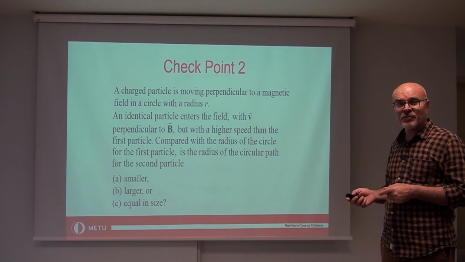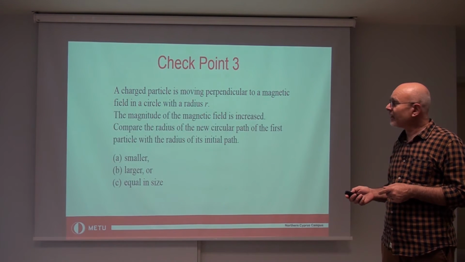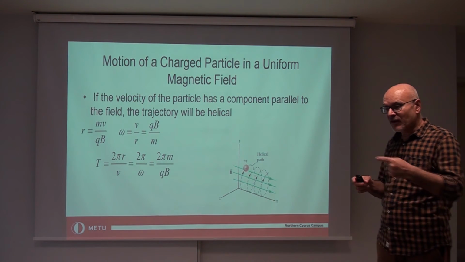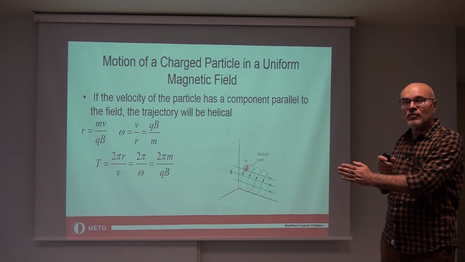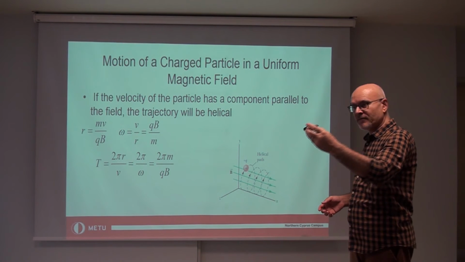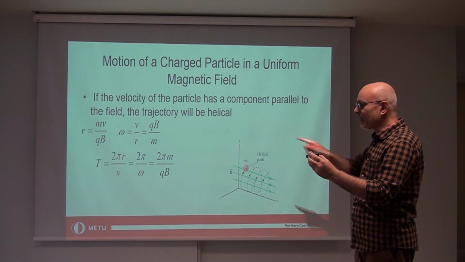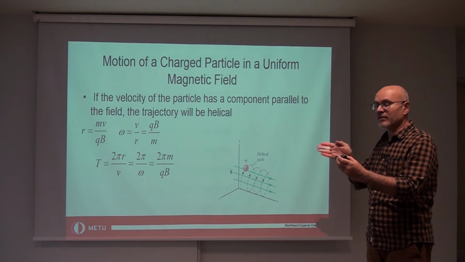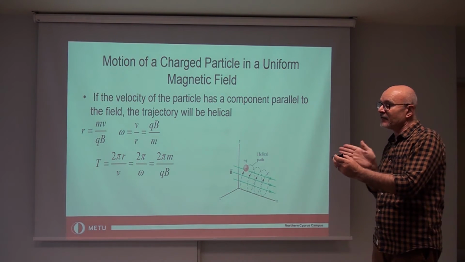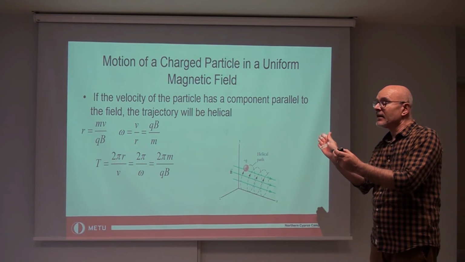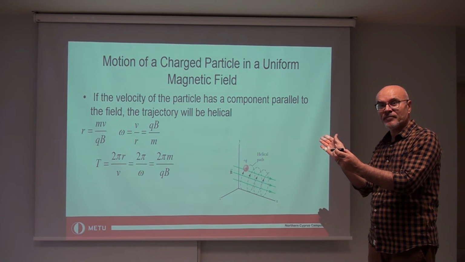There are a couple of checkpoints worth trying before you proceed. What happens if the particle's velocity is not in the plane perpendicular to the field? The field is still in this direction, into the plane, but the particle is not moving in the plane of the board, but rather enters the field at an angle. So it has two components, one perpendicular to the field and the other parallel to the field.